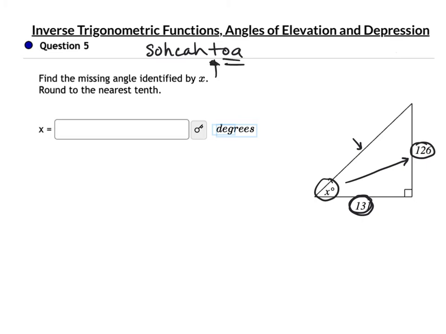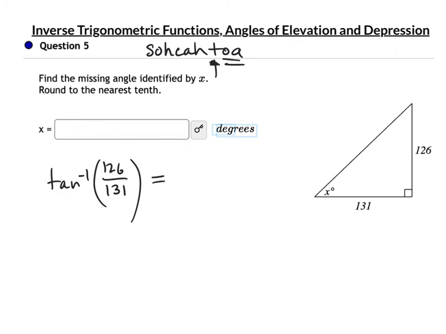Since we're looking for an angle, though, we're going to do the inverse tangent. We don't put in an angle like normal. We put in a ratio, opposite over adjacent, 126 over 131. Put that in Desmos. It ends up being about 43.9 degrees.